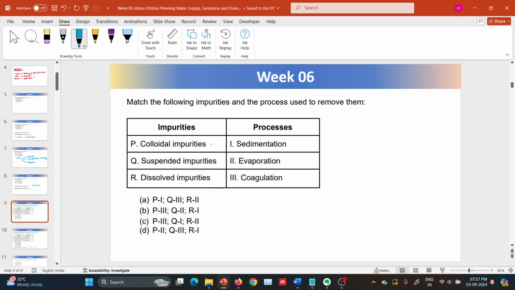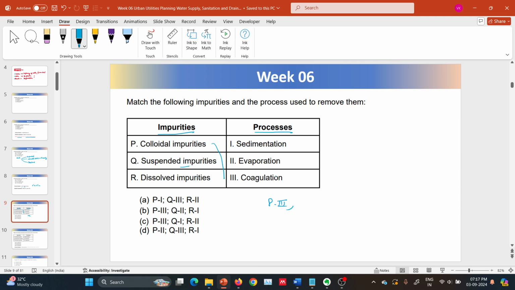Here is one more question. Match the following. Here we have the impurities, and the processes used to remove those impurities. Colloidal impurities can be removed with the help of coagulation, that is 3.